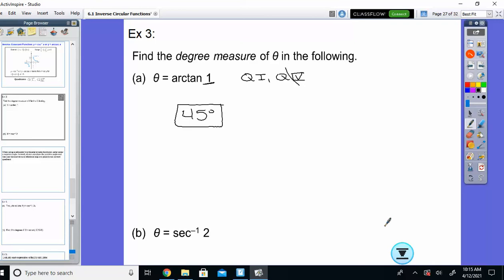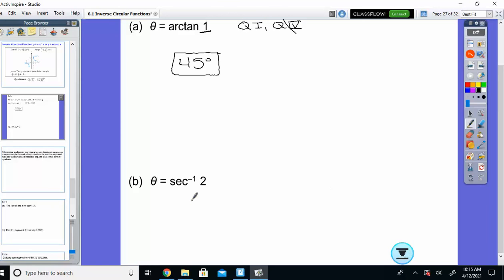So B, secant inverse of 2. If you're not comfortable with cosecant and secant, you are welcome to rewrite it. This means cosine is 1/2 if you're more comfortable with that. So we know secant and cosine exist in quadrants 1 and 2.